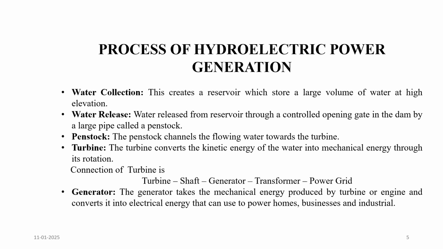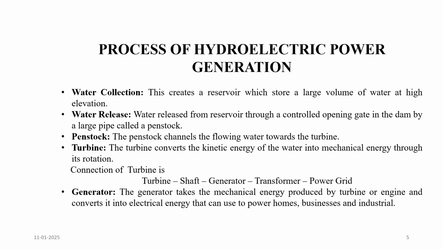What is the penstock? A penstock channels the flowing water towards the turbine. Now what is the turbine? A turbine converts the kinetic energy of the water into mechanical energy through its rotation.